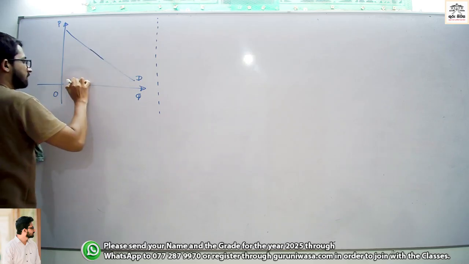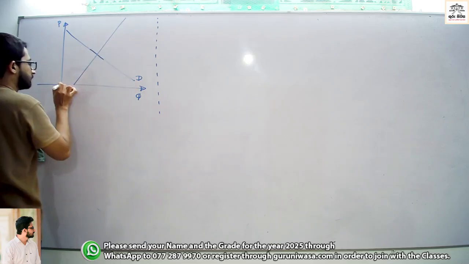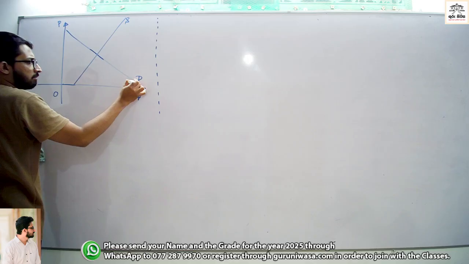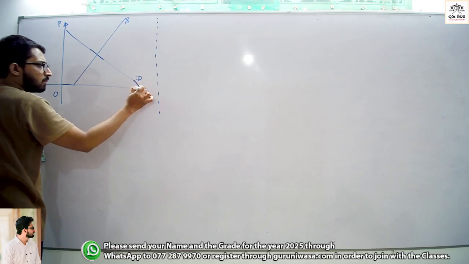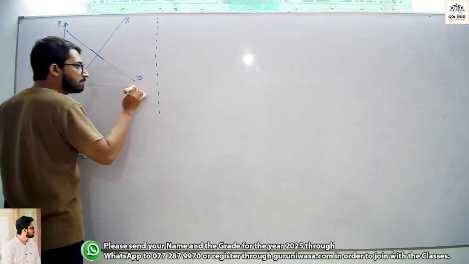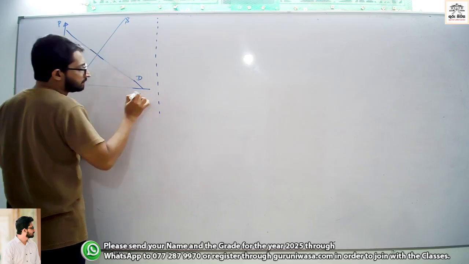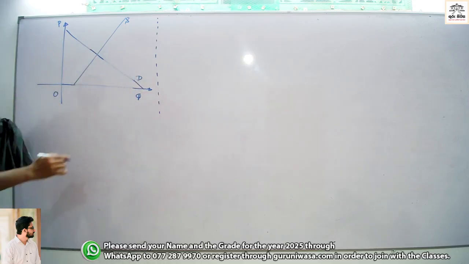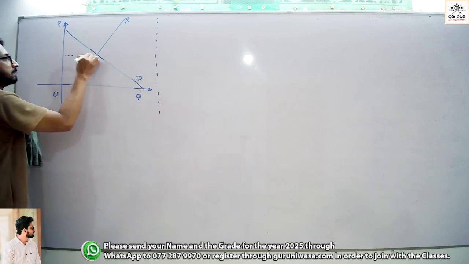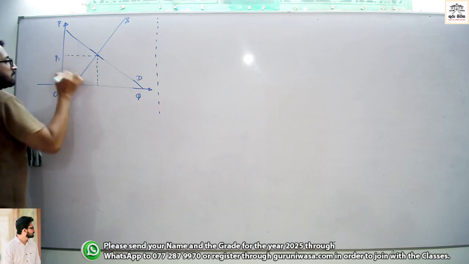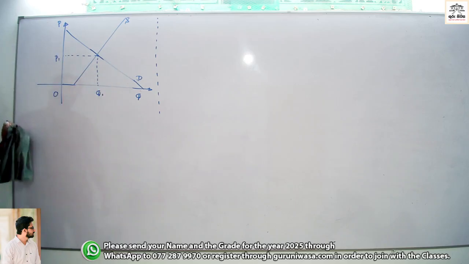Puta, what is meant by maximum quantity demanded? Any idea? Maximum quantity demanded. This is equilibrium. Assume the equilibrium price is P1 and the equilibrium quantity is Q1.